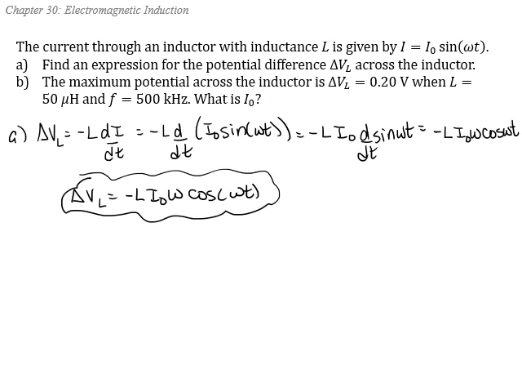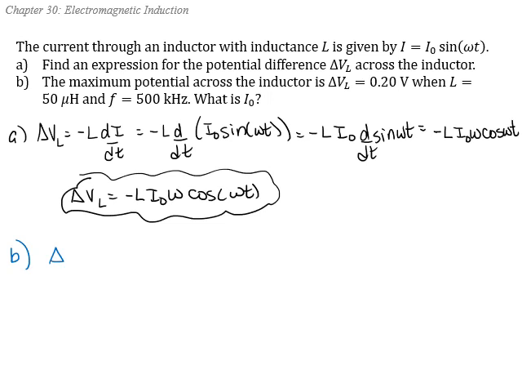Okay, part B says the maximum potential across the inductor is delta V equals 0.2 volts. When we know that our L is 50 microhenries, our frequency is 50 kilohertz, what is our maximum current I0? Okay, so we have some numbers we can plug in. Let's start with our expression for delta V because we know what the maximum potential is.